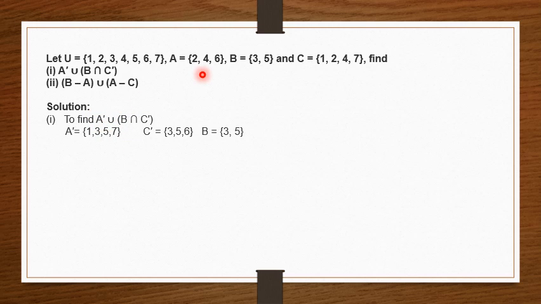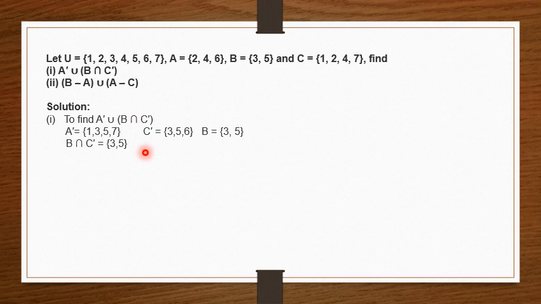Here A complement is 1, 3, 5, 7. You know why. C complement is 3, 5, 6, because 1, 2, 4, 7 is present in U. So B is given. So we find A complement and C complement. Now we need to find B intersection C complement.